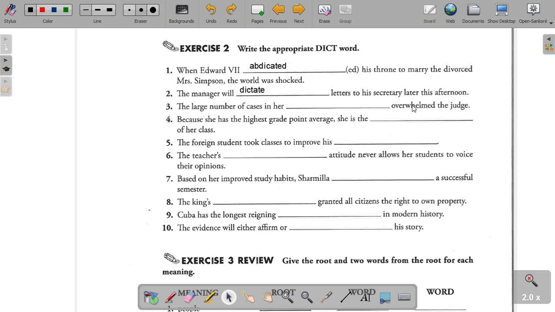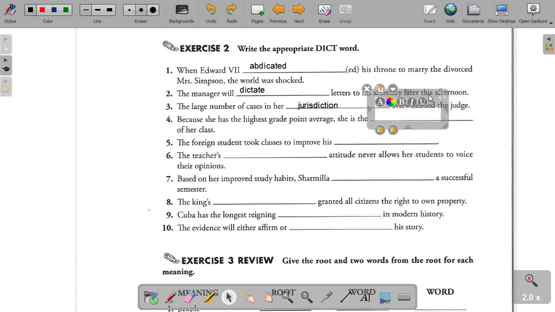Okay, then we have the large number of cases in her blank overwhelmed the judge. In this case, we're looking for jurisdiction. Remember, jurisdiction is basically where you have the ability to practice a law, or what cases you have.